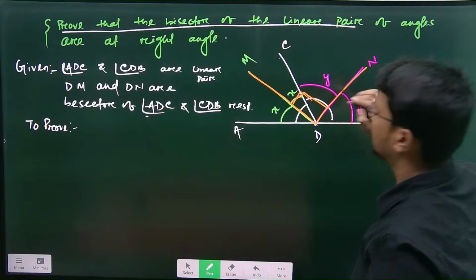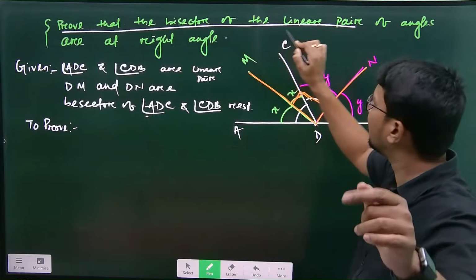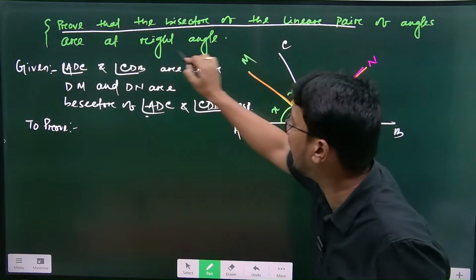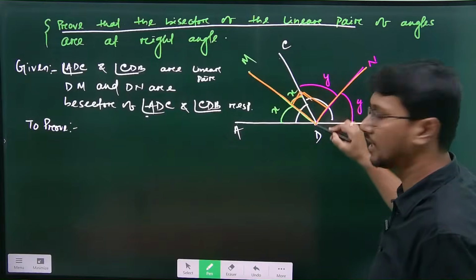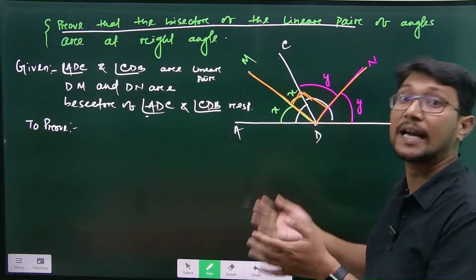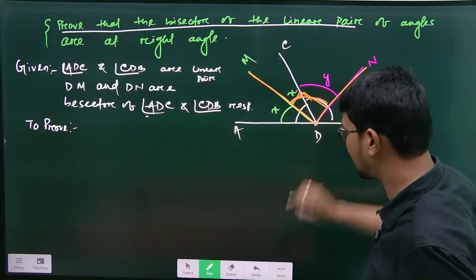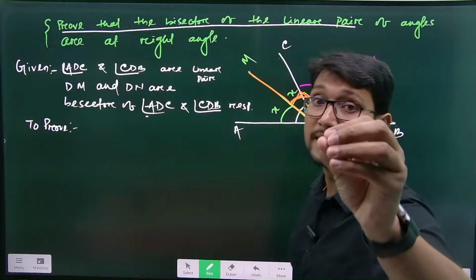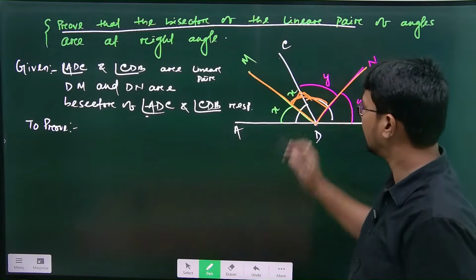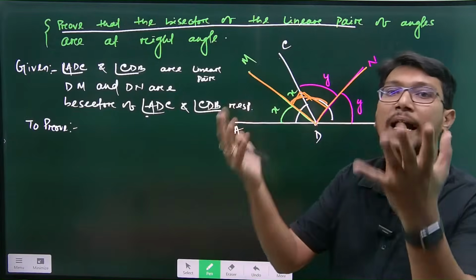Right angle. Who is bisecting that linear pair at right angle? This angle, x plus y, we are going to show that it is a right angle. Both are bisecting at right angle.